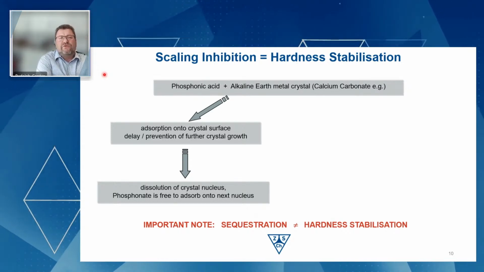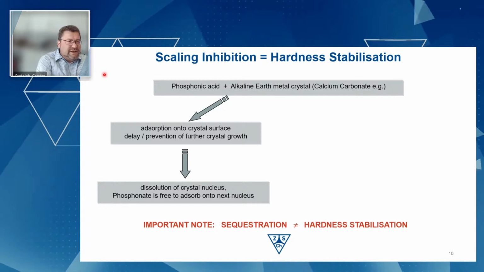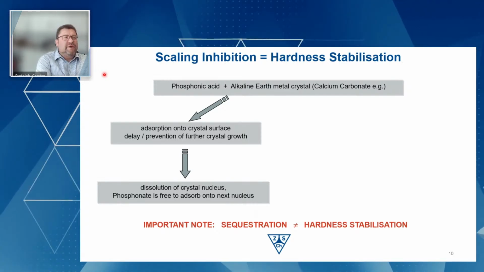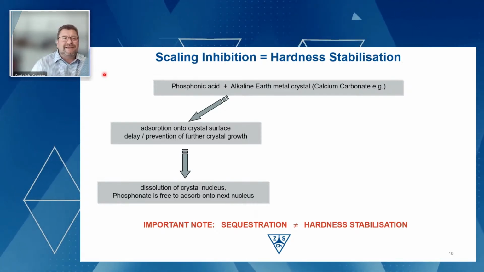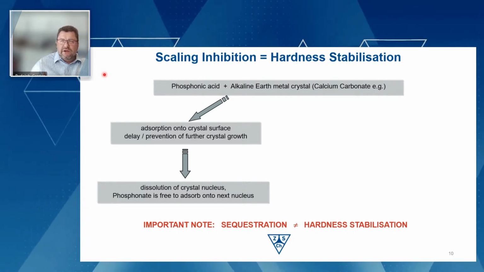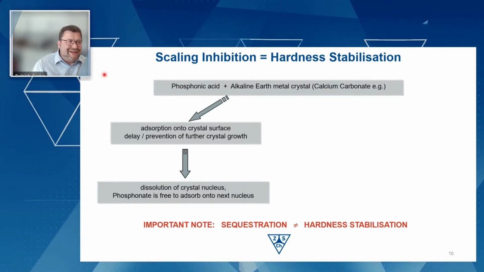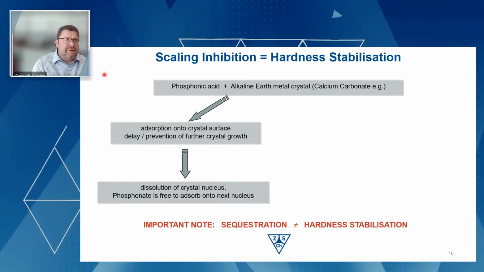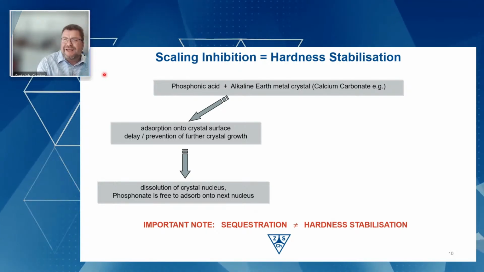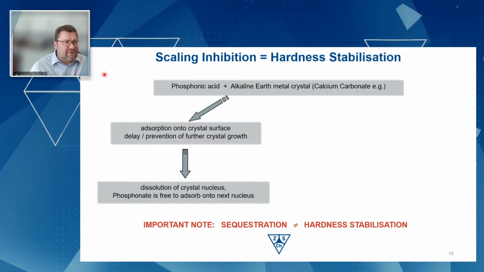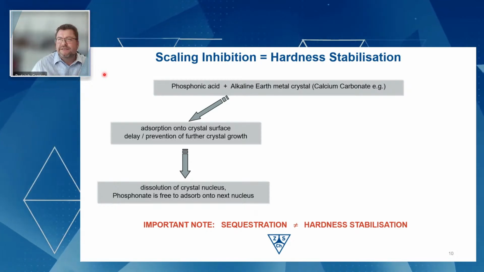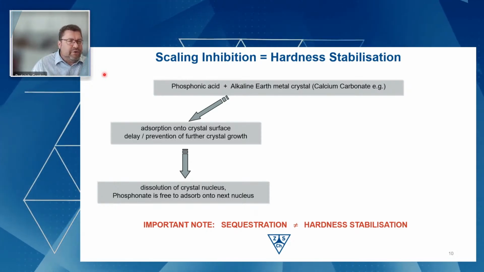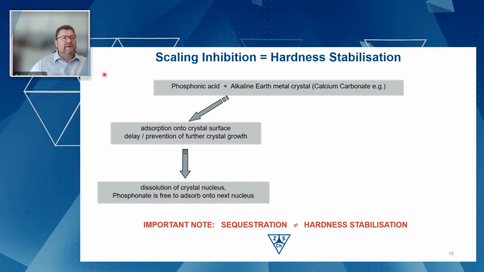Phosphonates are also called threshold inhibitors because they act in substoichiometric amounts. So the ratio we can get under controlled conditions is in the range of 1 to 10,000 approximately. That means 1 phosphonic acid can treat up to 10,000 calcium ions. And this is hard to understand, even from the steric point of view, but there are reasons behind it.